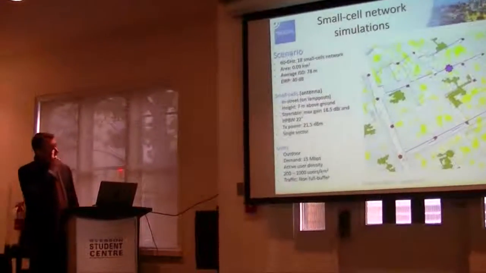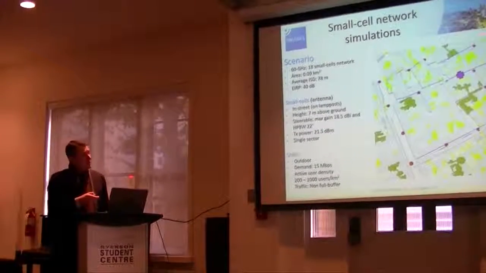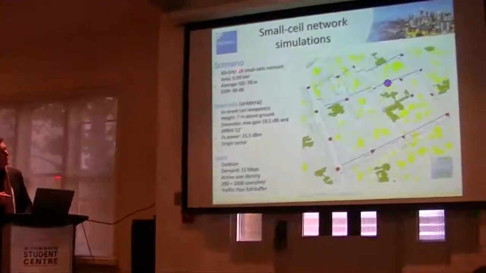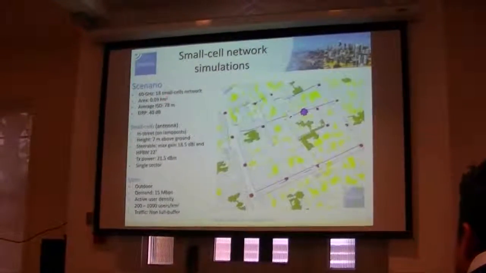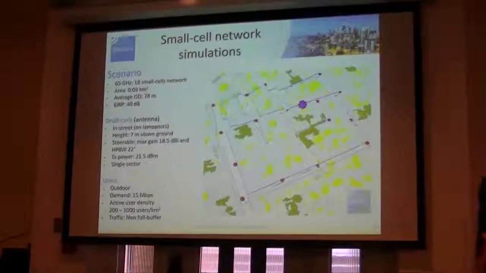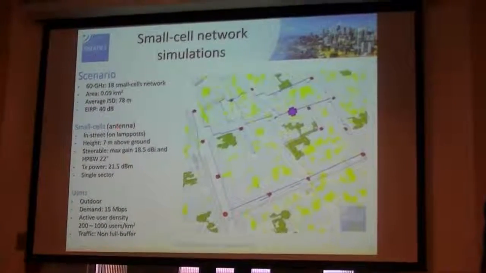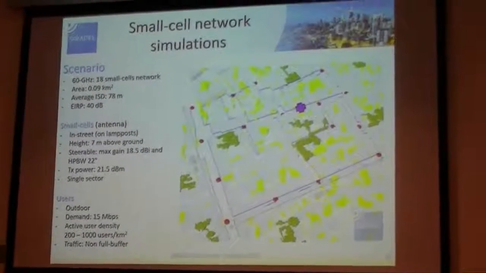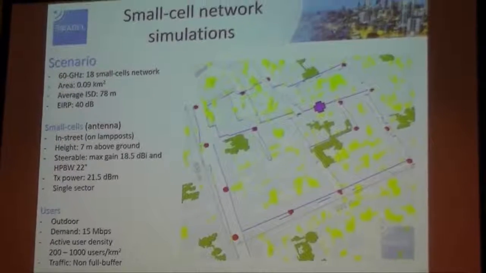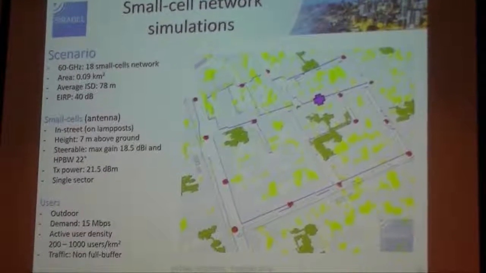So then we've taken again a small cell scenario with 18 small cells that are deployed within an area of a few square hundreds of meters and an average inter-site distance that is roughly 80 meters and an EIRP of 40 dB.